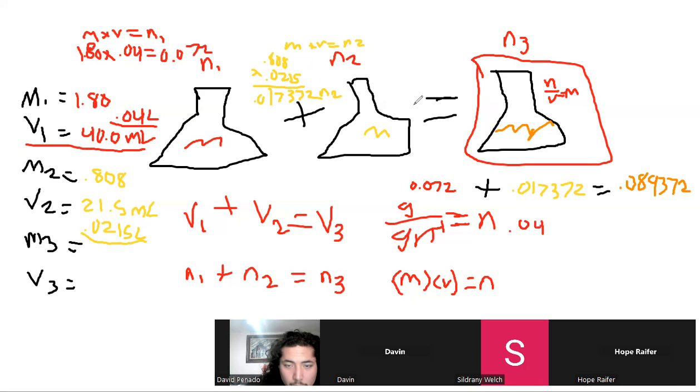So 0.089372 would be divided by 0.0615, which is V3.